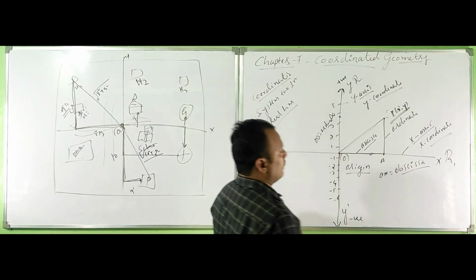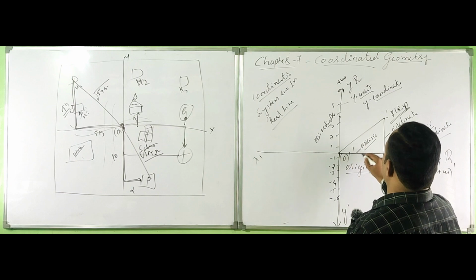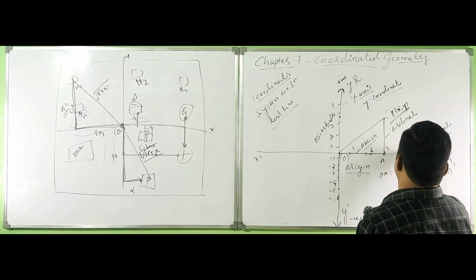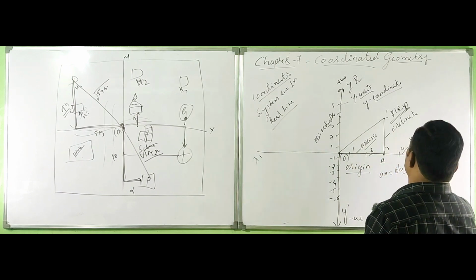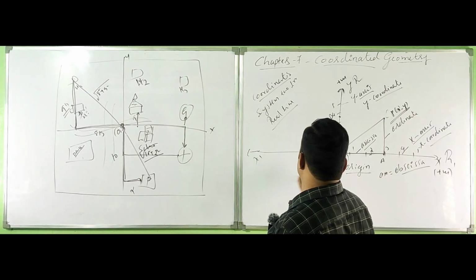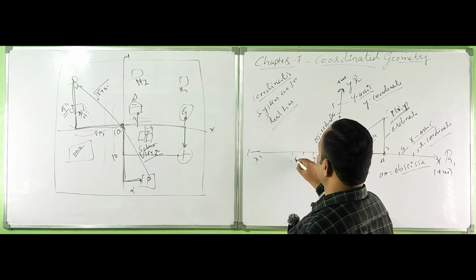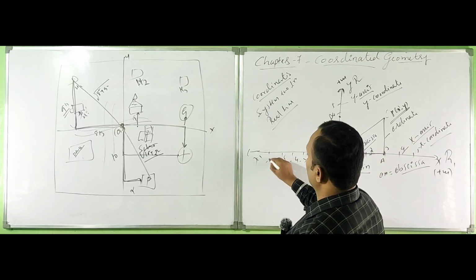The right side of the origin on the x-axis is called positive again: 1, 2, 3, 4, 5, up to infinity. The left side of the origin is called the negative direction: -1, -2, -3, -4, -5, -6.